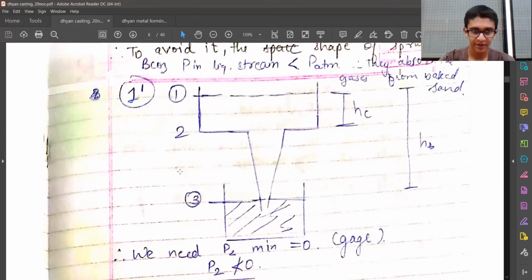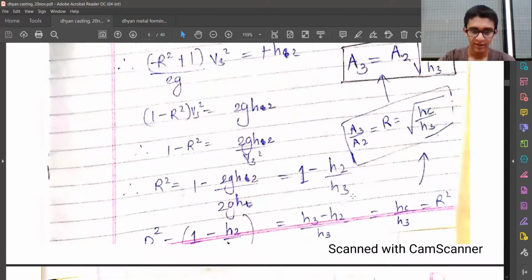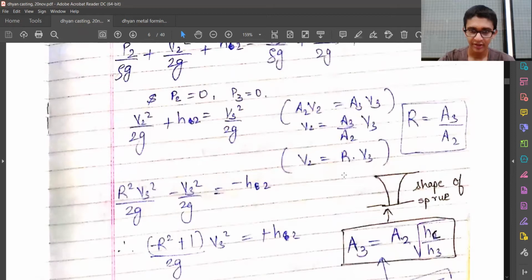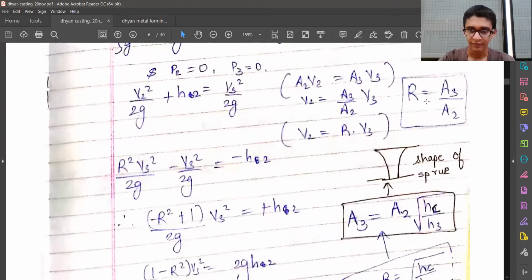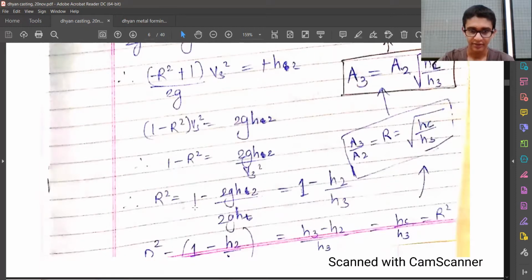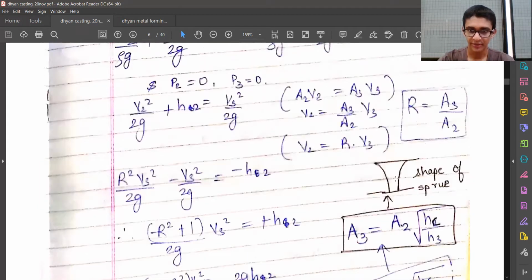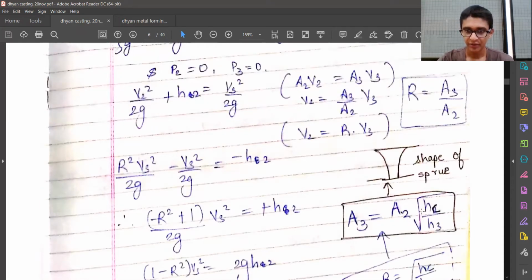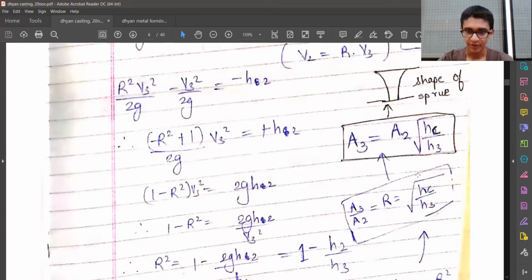So we have got that equation for R, and when we substitute R over here, R has a squared term and a square root term, so that becomes parabolic, because on one side we have power 1, and on the other side we have power 2. A3 by A2 will be Hc by H3 because of this.